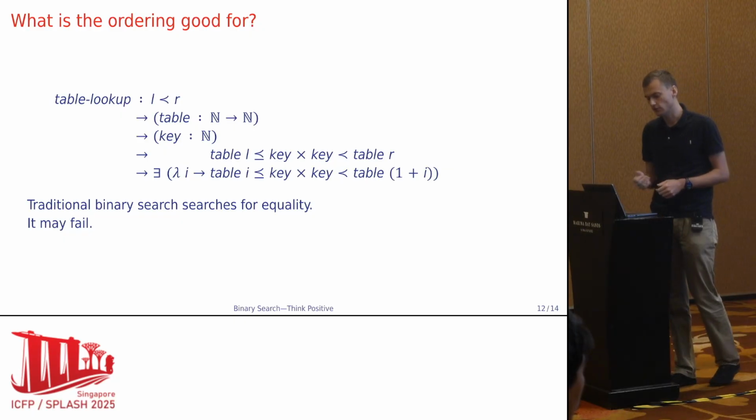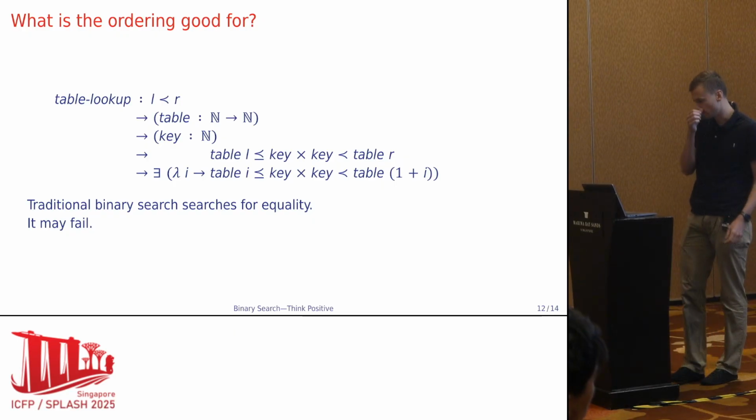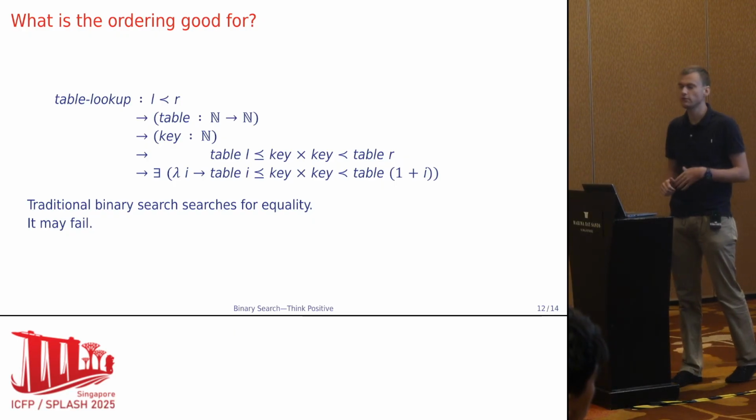So again, we have an interval L to R, and we model our table as just a function from N to N. We have our search key.